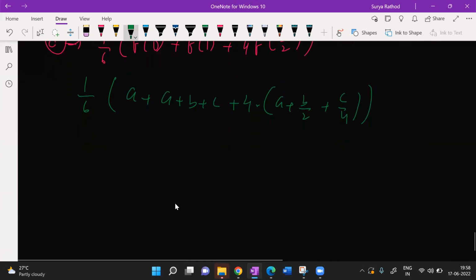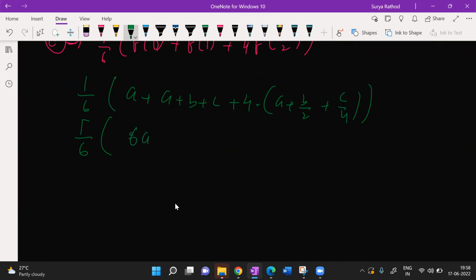So a plus a is 2a, plus 4a, 6a. B plus 2b, 3b. Plus 1c and 1c, 2c. So 6 by 6 a plus b by 2 plus c by 3.